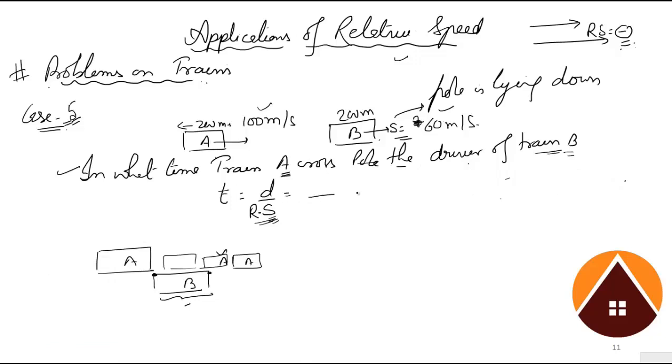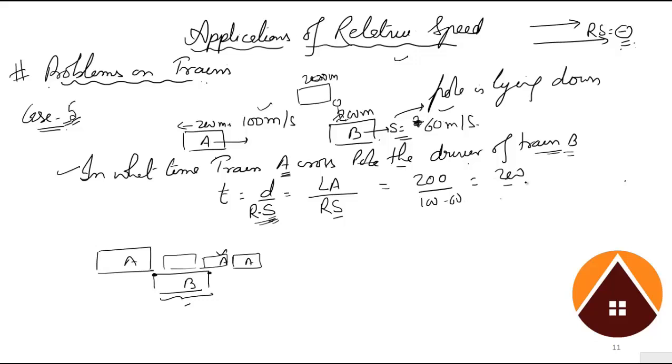So the length part will change because now, see, the driver is over here. Now this train A only has to cover its own length, which is the length of the train A. But the relative speed will be same because the driver is also moving. So length of the train A is 200 meter and the relative speed is obviously 100 minus 60.